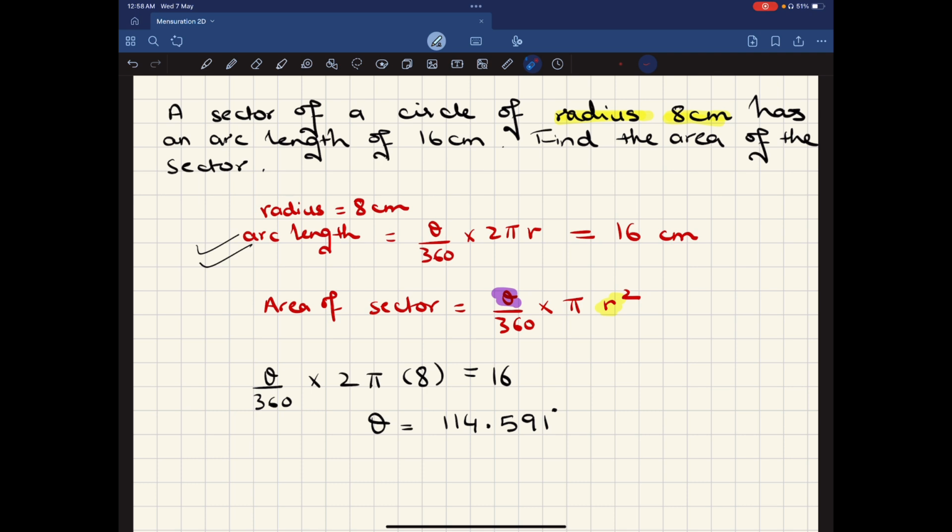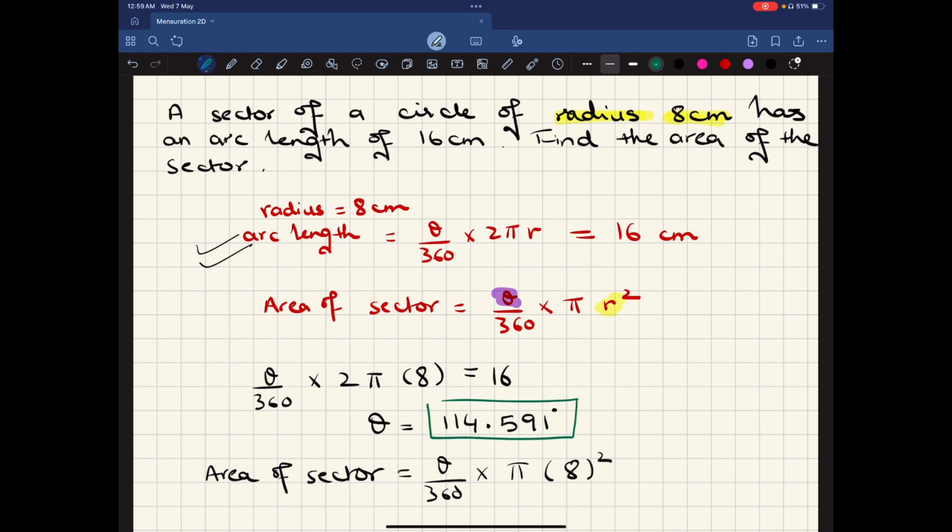If I was a student, I would keep this answer on the calculator. Then, to find the area of the sector, which is theta over 360 into pi times 8 squared, I would take out my calculator, and obviously this is on the calculator.